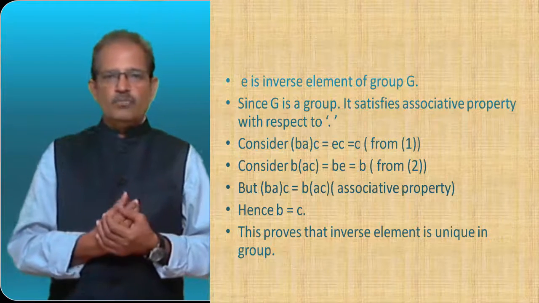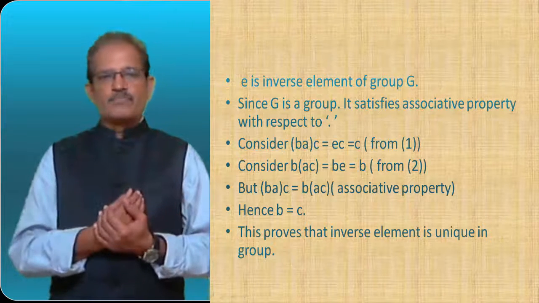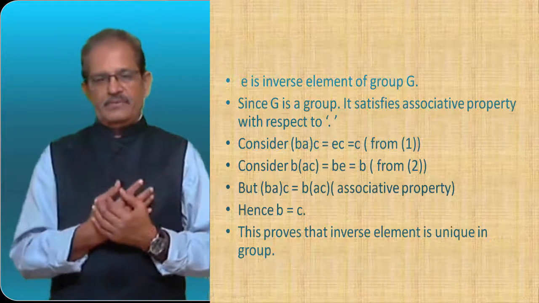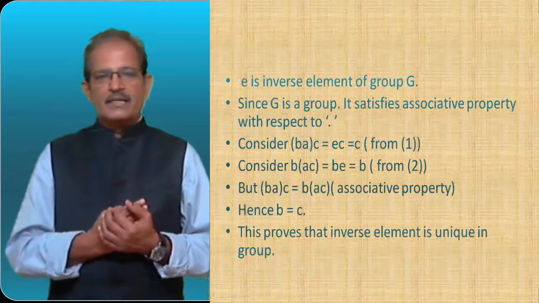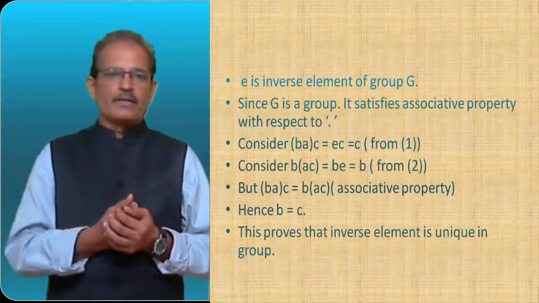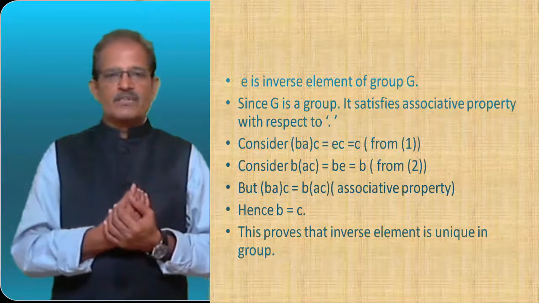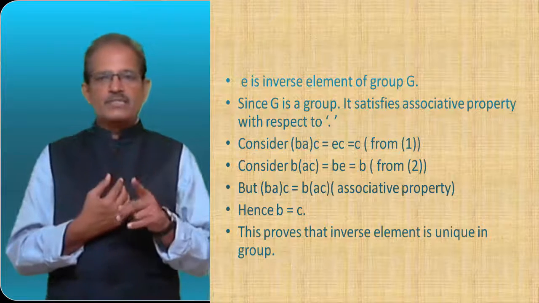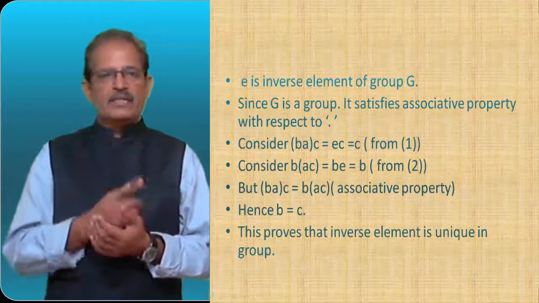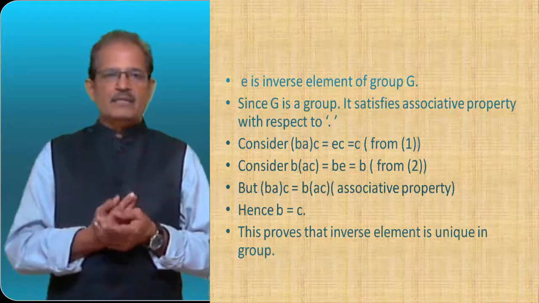Since G is a group, it satisfies associative property with respect to dot. So consider (BA) into C, associative property, (BA) into C. BA means already from equation 1 it is E. So E into C is equal to C. That is from 1. Consider B into (AC).